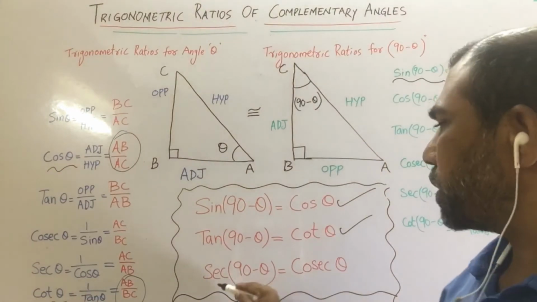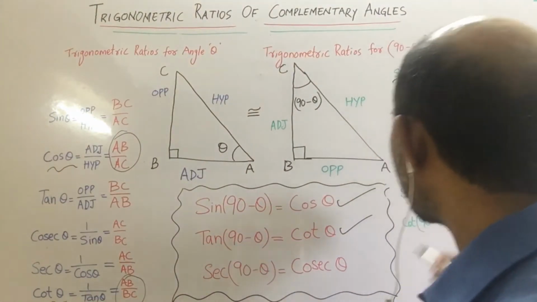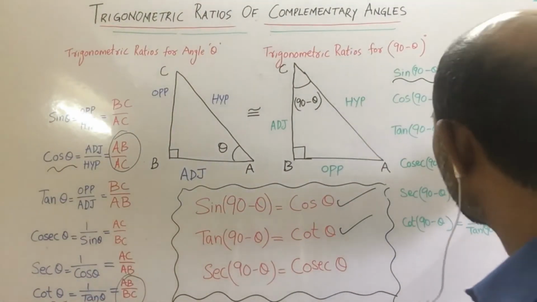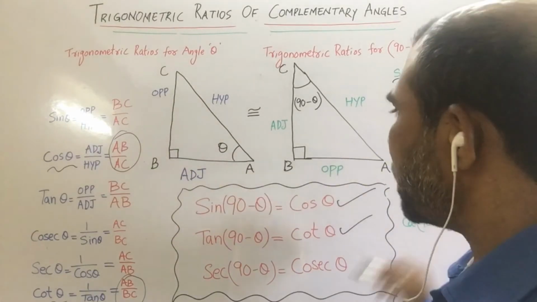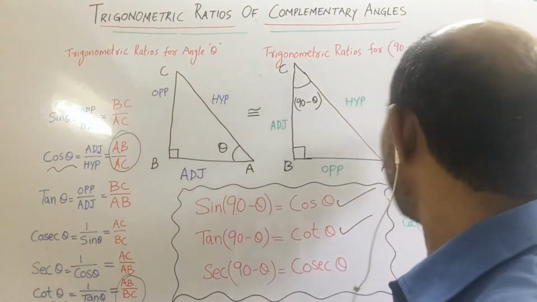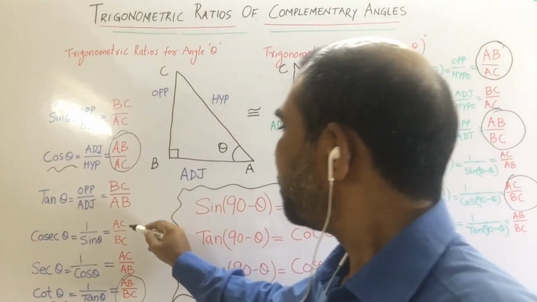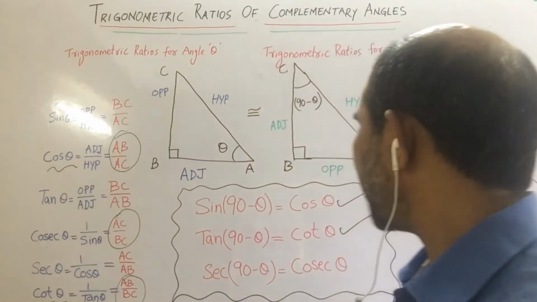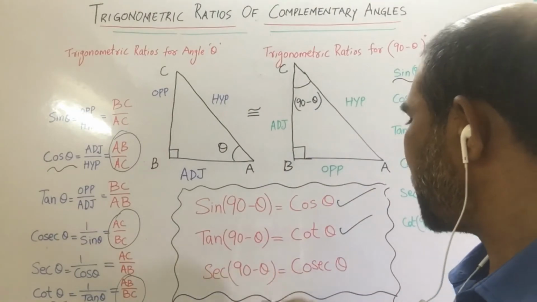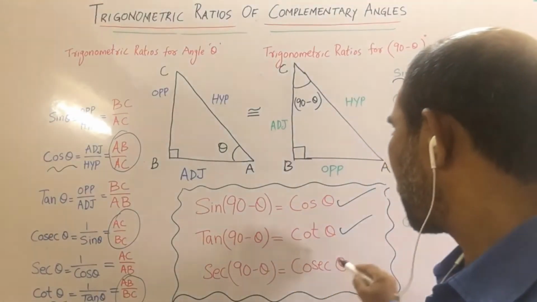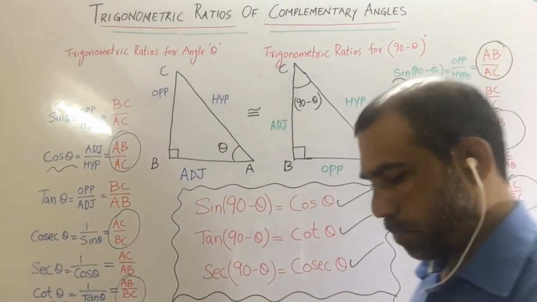Similarly, if you go for secant 90 minus theta, it is equal to AC over AB. When you see the same here, AC over AB, it will be cosecant theta. So, secant 90 minus theta is equal to cosecant theta.